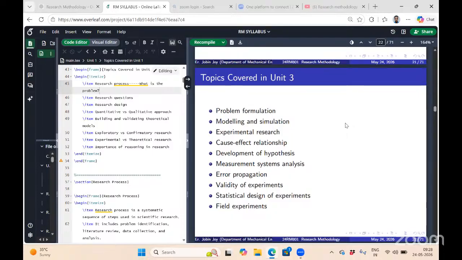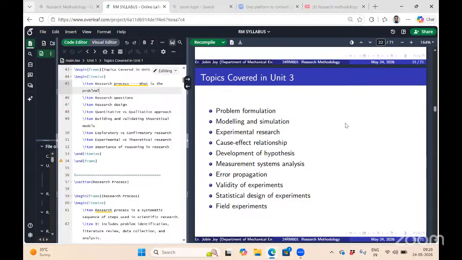Speed affects machine output, right? So automation improves productivity, right? Pressure changes fluid flow. Training improves worker performance. So we have to study if one variable is changing, how it will affect the other. This is what is called a cause and effect relationship.